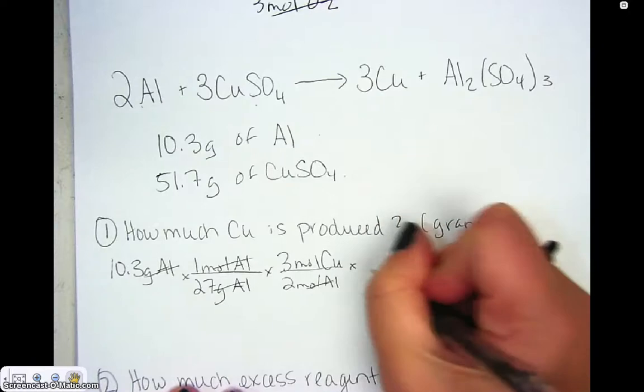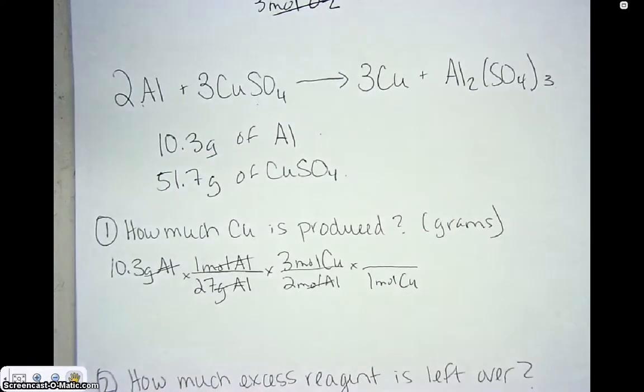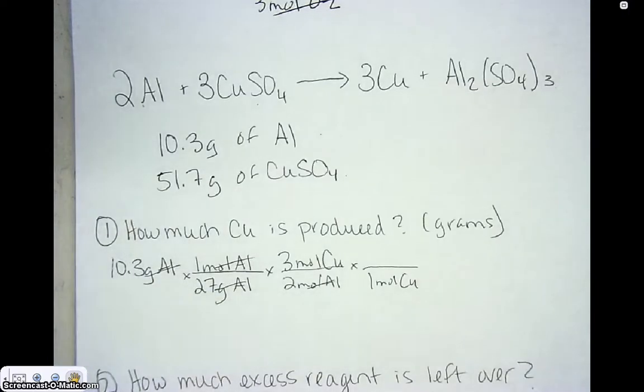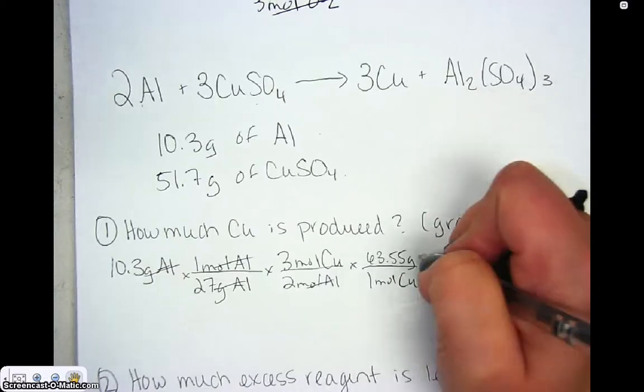Okay, and 1 mole of copper, and I've got to look on my periodic table to see how many grams. Copper is, I don't have a periodic table in here, let me grab it. Copper is 63.55. So 63.55 grams of copper.